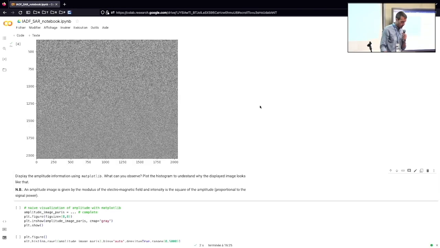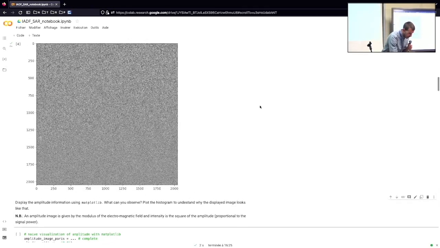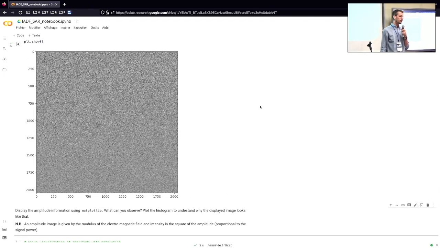So if we visualize the phase, you don't actually have much information if you only have a single SAR image. The phase is uniformly distributed between -pi and pi. So if you have a single SAR image, you won't retrieve any information from the phase information. It's only if you have several SAR images that the phase information will be useful to do interferometry.